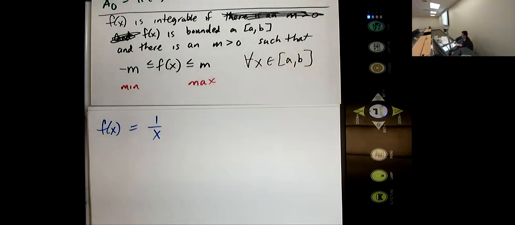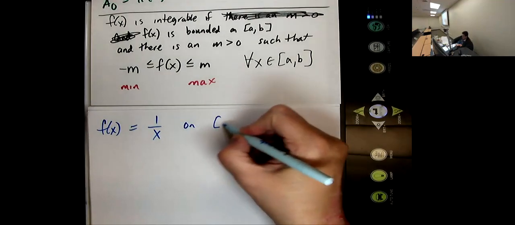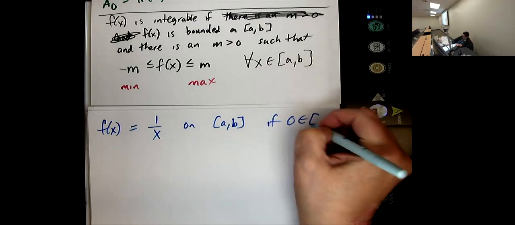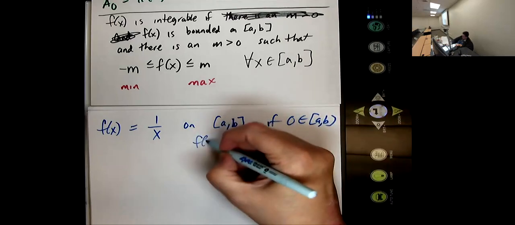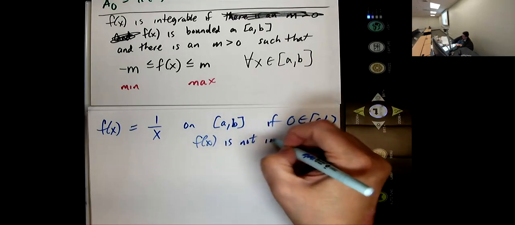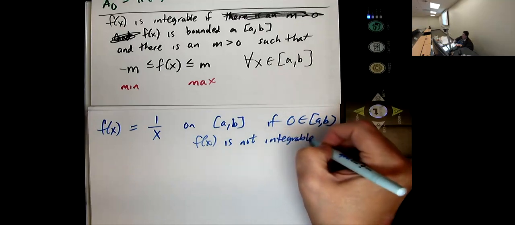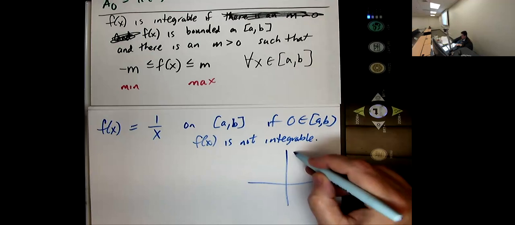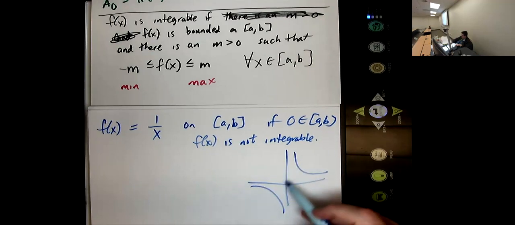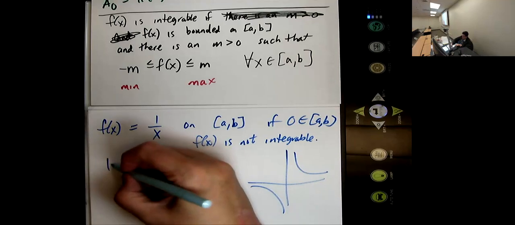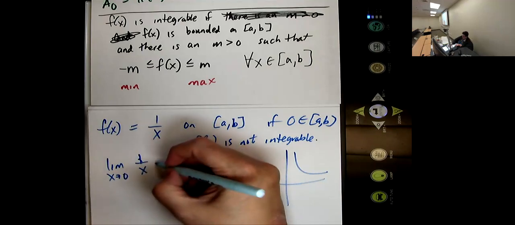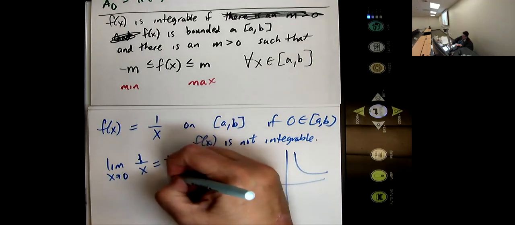If we have f of x equals 1 over x on AB, if 0 is in AB, f of x is non-integrable, because as x goes to 0, it is either positive infinity or negative infinity, depending on which side you go from.